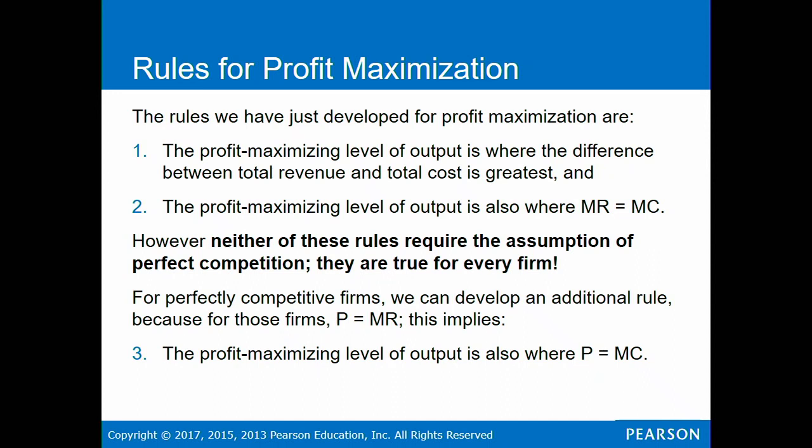And for perfectly competitive firms, because the price equals the marginal revenue, the profit maximizing level of output is going to be where the price equals the marginal cost. And that's just because the price here equals the marginal revenue equals the demand. We're not going to see that in other markets. But in perfectly competitive markets, this is going to be the case.